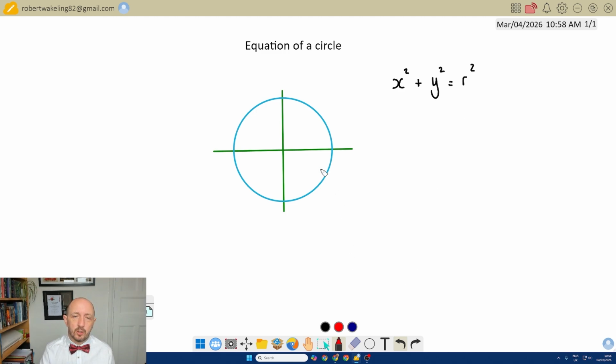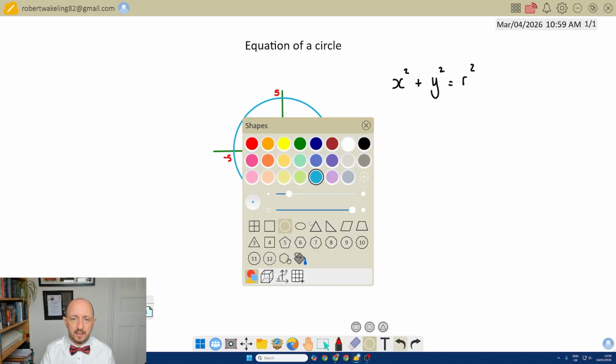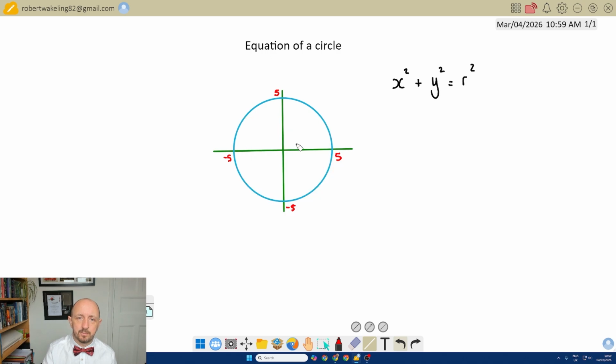So if this circle has its center at the origin, and the radius is 5, we should see the circle go through these points, like this.